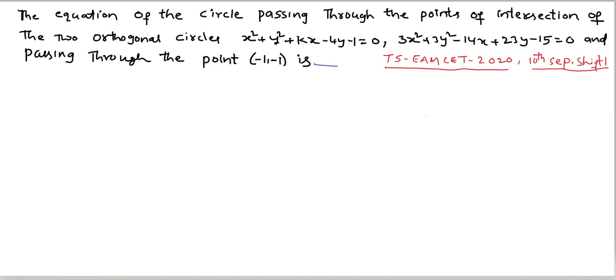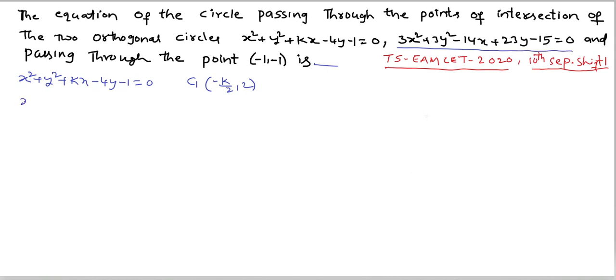So now we find the, here it is given the first circle, that is x square plus y square plus kx minus 4y minus 1 is equal to 0, and the center of this circle C1 is minus k by 2 comma 2, and the second circle is 3x square plus 3y square minus 14x plus 23y minus 15 is equal to 0.